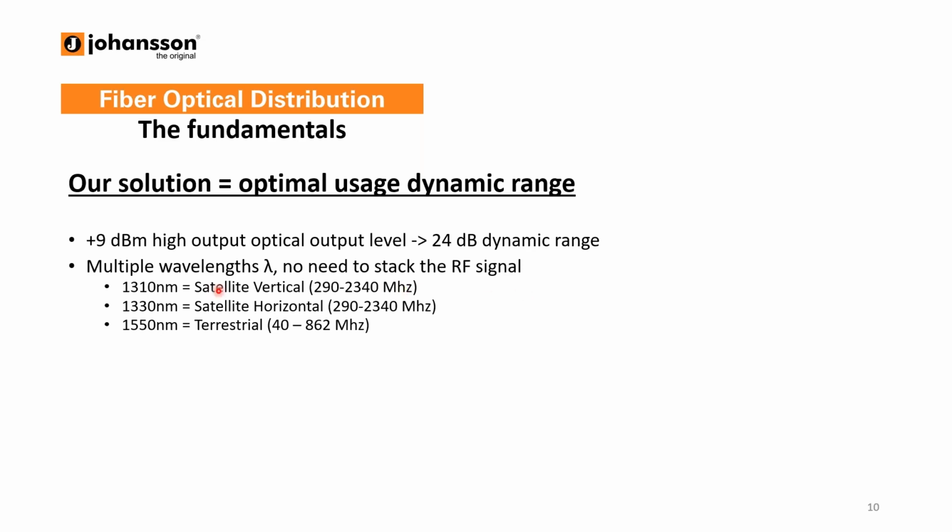So we don't do this. We use different wavelengths, in total 3, and we divide the RF signal over these 3 wavelengths. Typically we use one wavelength for the vertical transponders, one wavelength for the horizontal transponders, and one wavelength for the terrestrial channels.